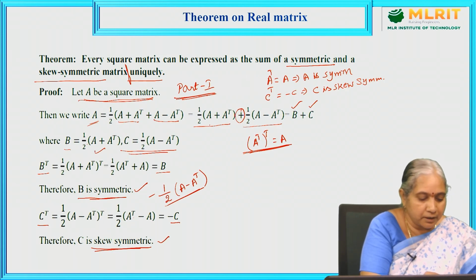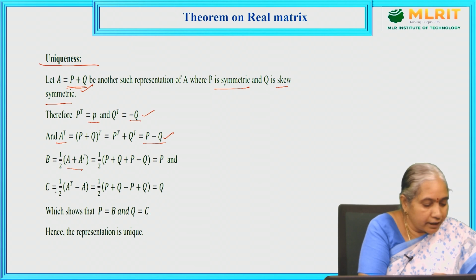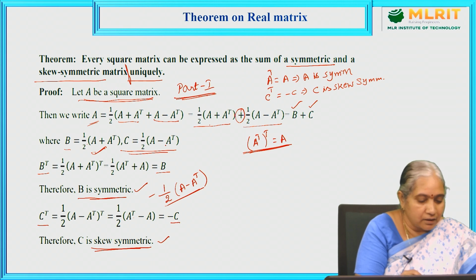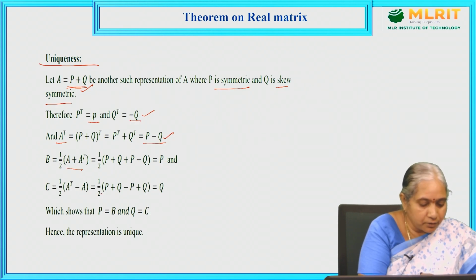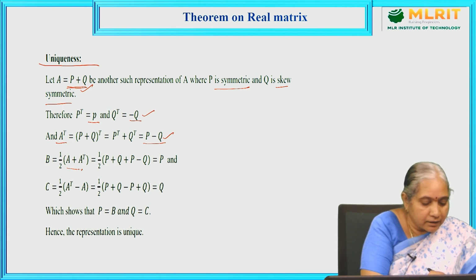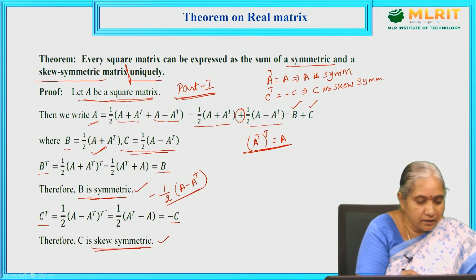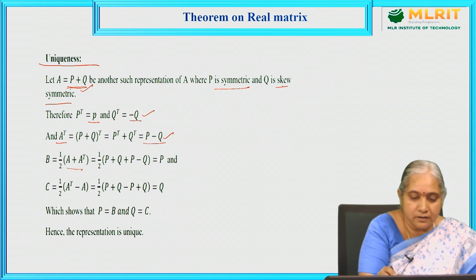Similarly, we have taken C equal to 1 by 2 into A minus A transpose. Now, C equals 1 by 2 into A minus A transpose, where A transpose is P minus Q and A is P plus Q. So we get C equal to Q. C is a skew symmetric matrix and Q is also a skew symmetric matrix.